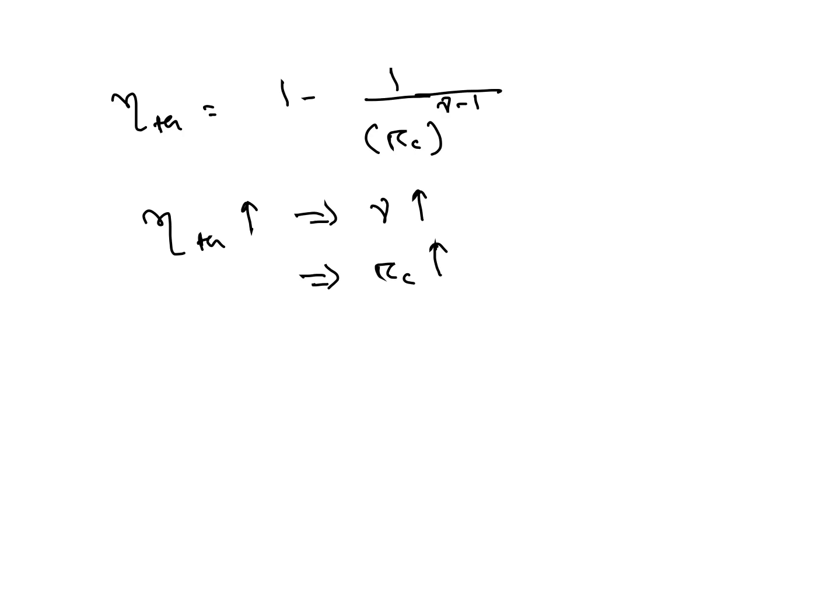Actual efficiency lies between 25% to 30% for Otto cycle.